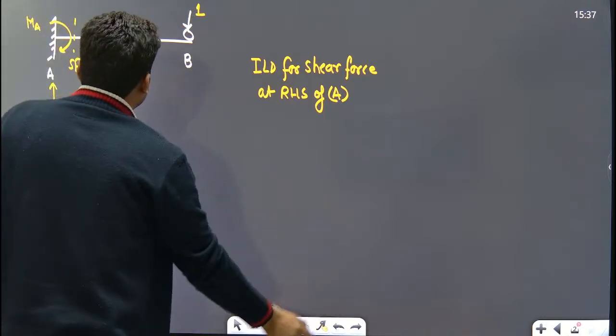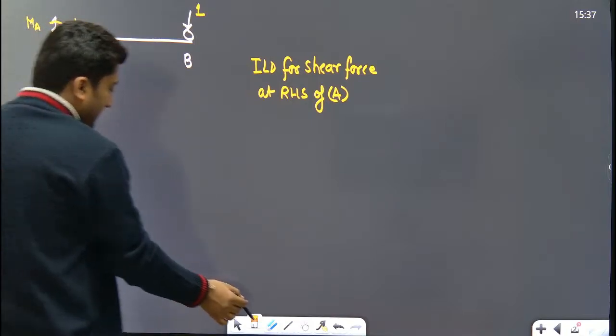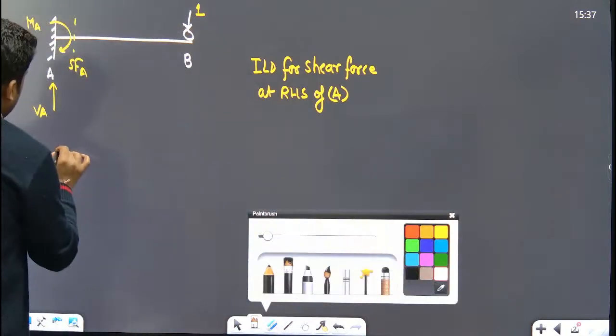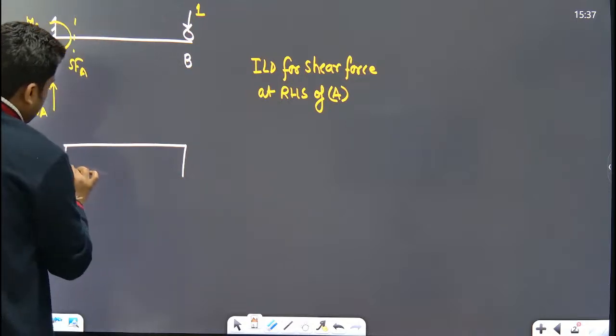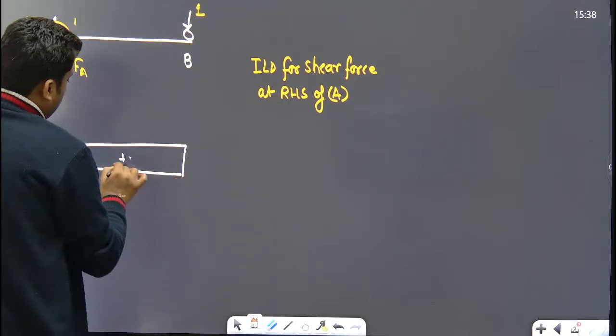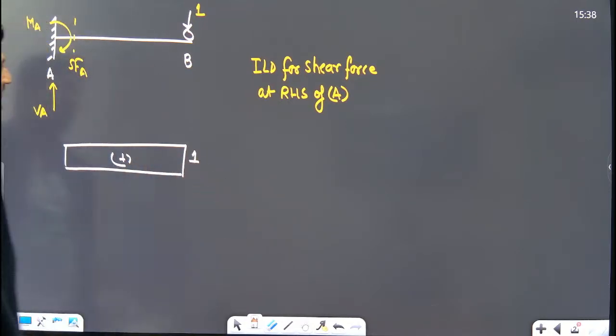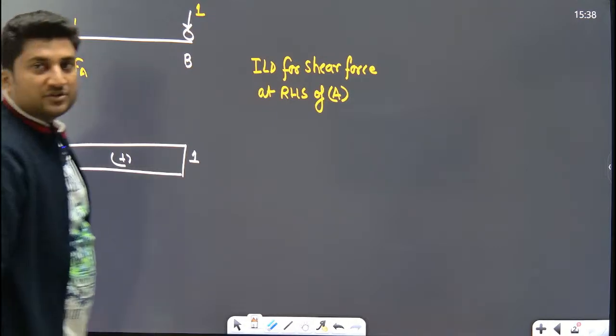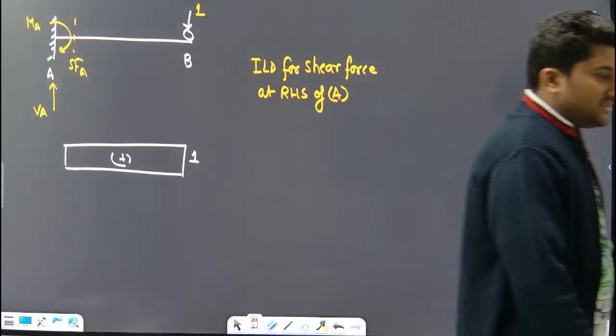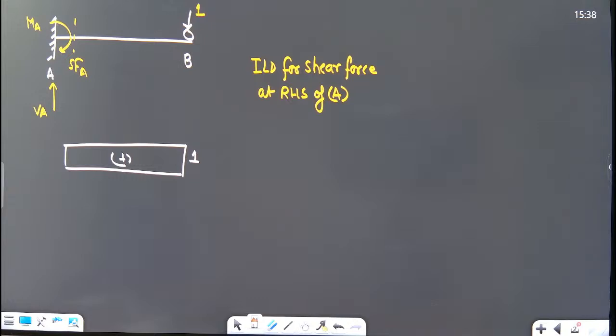So what will be the ILD for shear force at A? Whatsoever be the position, the shear force at A is positive 1. Understood everyone? This is the ILD for shear force at A. I hope it is clear.